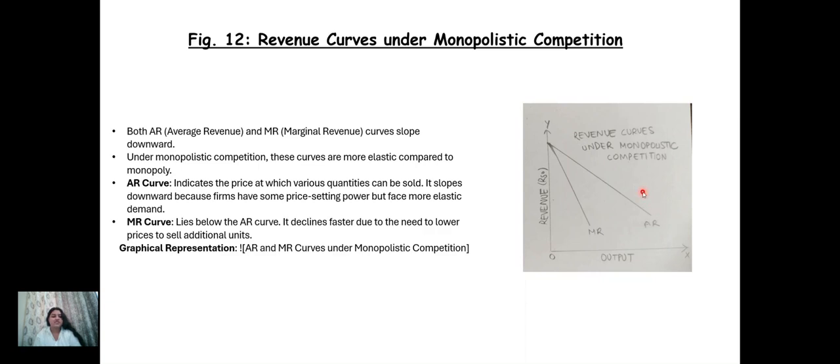In monopolistic competition, AR is declining and MR is also declining, but MR declines faster than average revenue. This is the average revenue and marginal revenue curves under monopolistic competition.